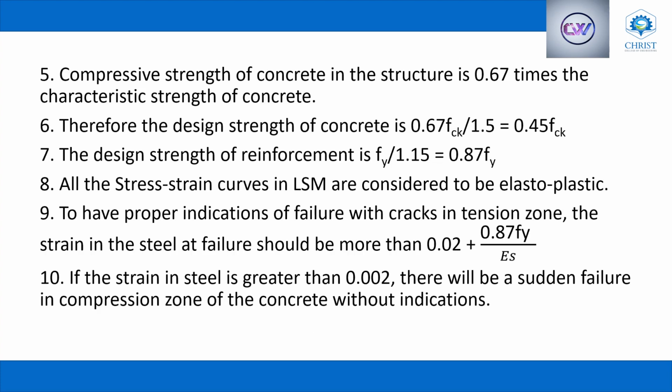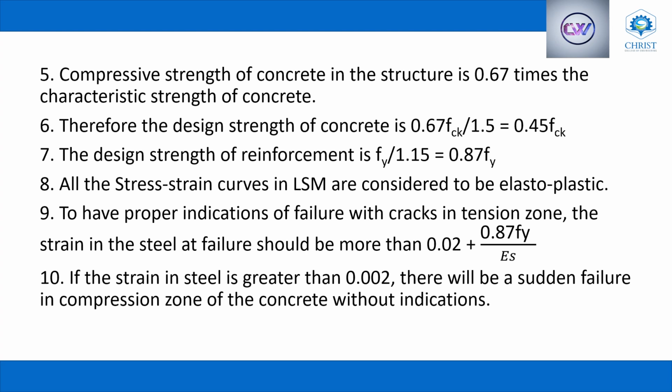Fifth one, the compressive strength of concrete in the structure is 0.67 times the characteristic strength of concrete. Because when we construct a cube, it will give us a FCK strength, but in structure it will not give the same strength because of the slenderness effect, shape effect, etc. So we have to multiply that value with 0.67.